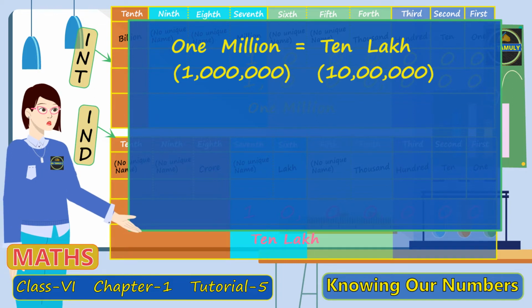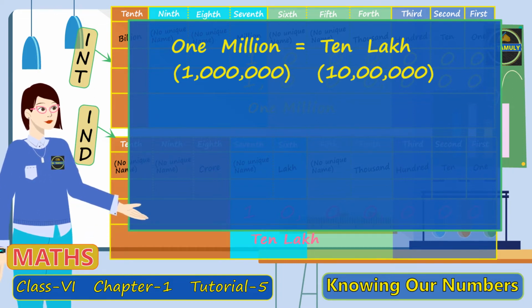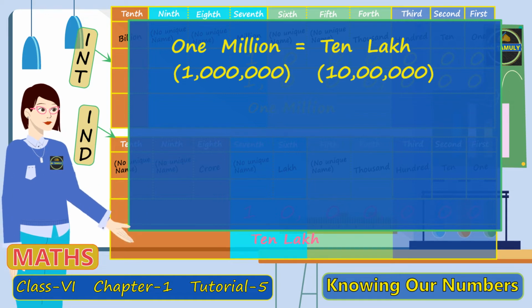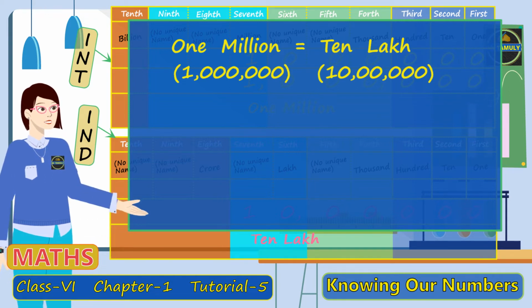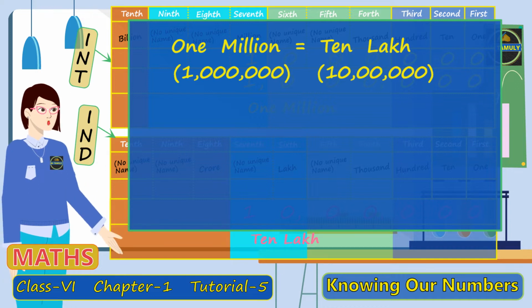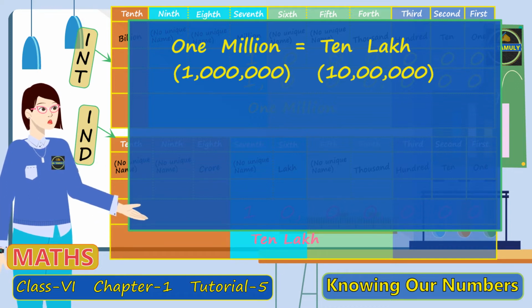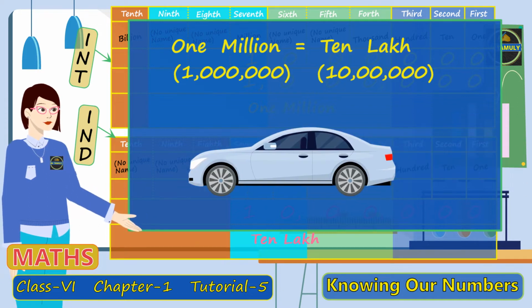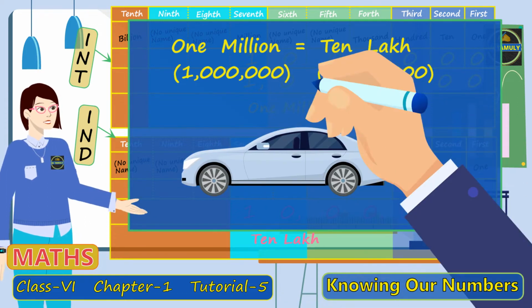You should remember this equivalence in such a manner that you would be able to recollect the same as and when required in the future, without using any pen, pencil, paper, table, etc. I would like to tell you that the cost of a decent sedan car is about 10 lakh rupees.